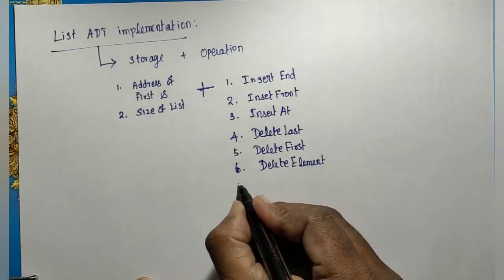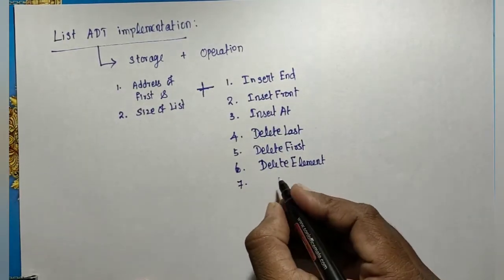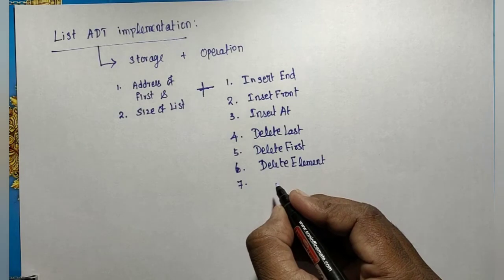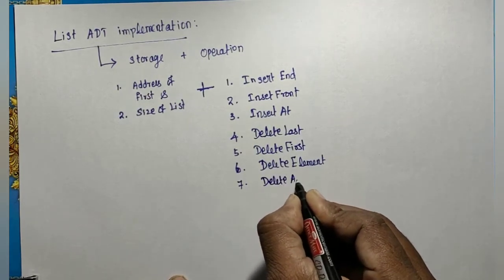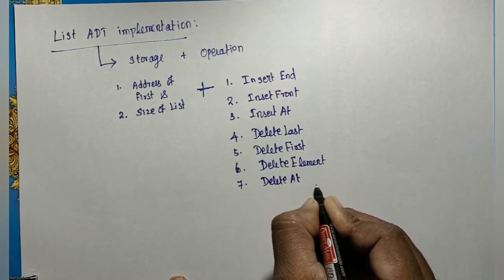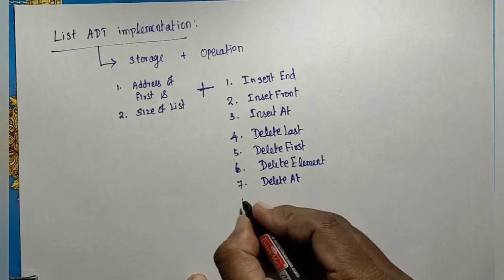And then if you want to delete the element from a particular position, we can add delete at. So we can pass the position, and from that position, if you want to delete, you can delete.